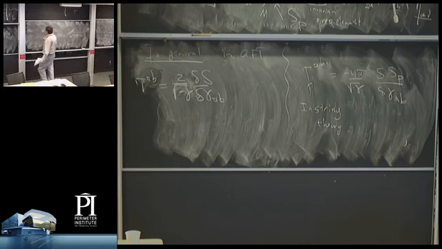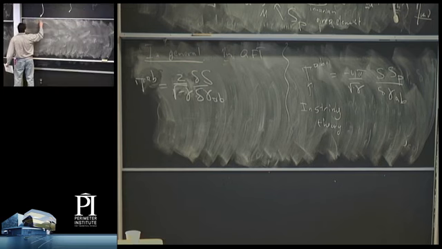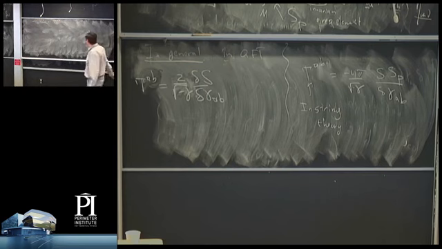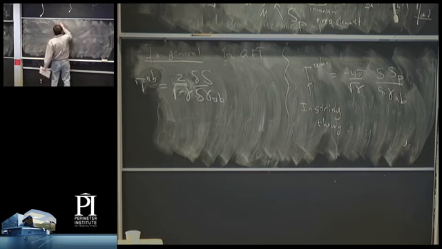So, constraints on TAB. If we assume that all the fields are on shell, constraints on TAB for physical fluctuations.